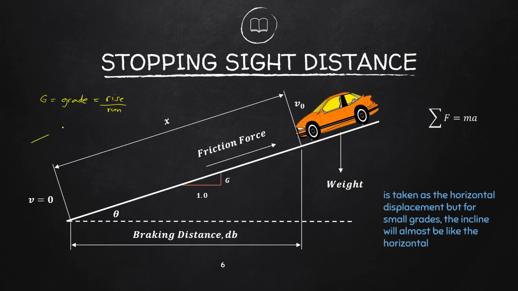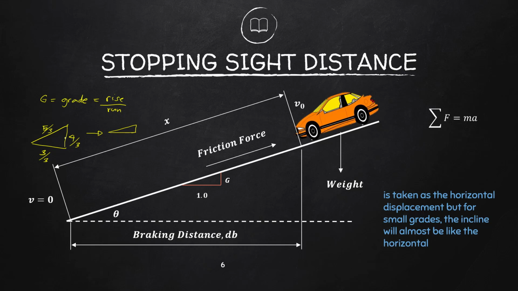Example, if you have here a 3, 4, 5 triangle, to determine the slope in terms of G, or the grade, we can say that that would be, you divide all of these sides by 3, you will transform this into the grade notation.